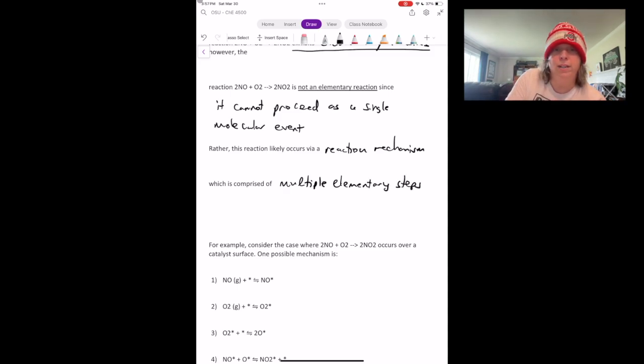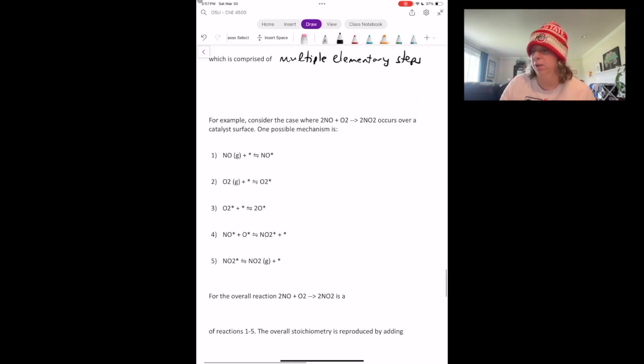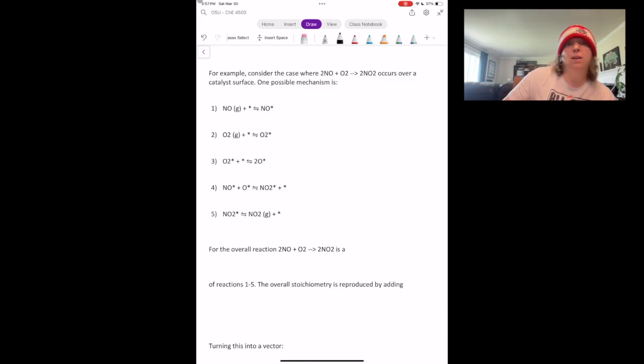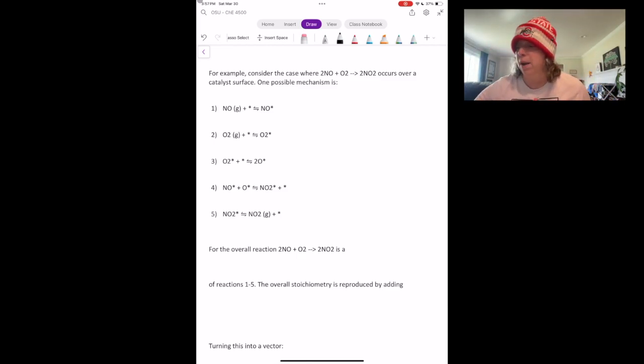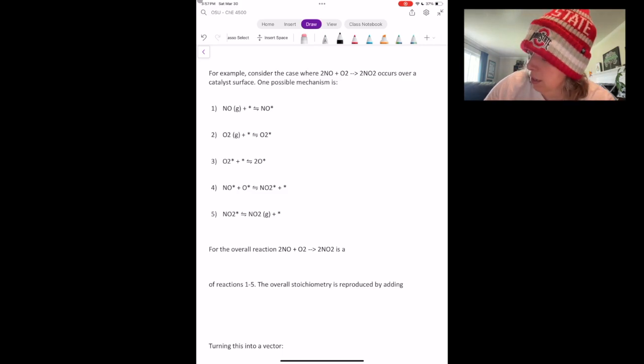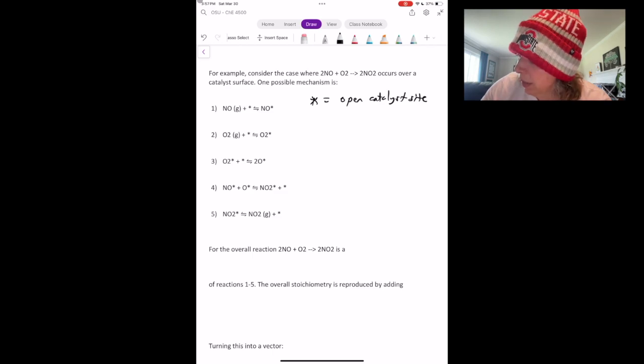So if we consider the case where this nitric oxide oxidation reaction is happening over a catalyst surface, one possible reaction mechanism is written here. In this notation, I've denoted catalyst sites with an asterisk. So this asterisk is an open catalyst site. If I have a species with an asterisk next to it, that means it's bound to the catalyst.